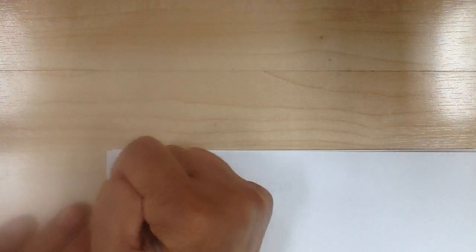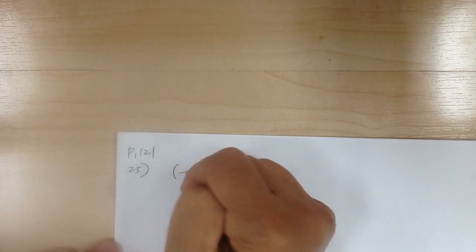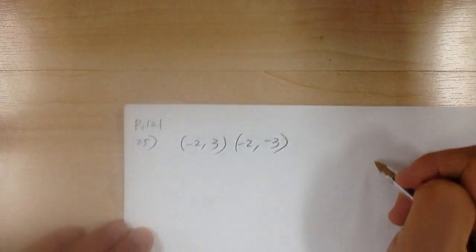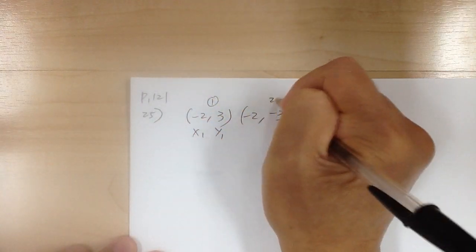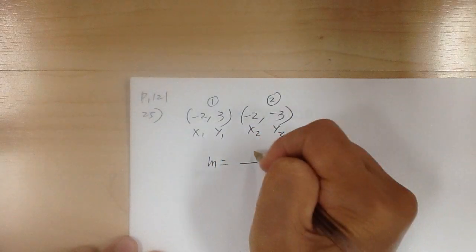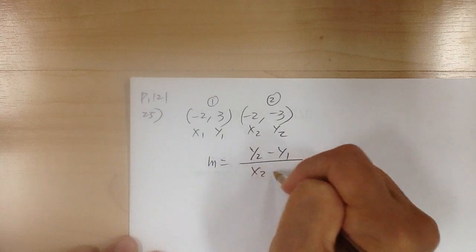Okay, next one. Okay, number 25, you have -2, 3. You got -2, -3. Okay, so again, point 1, so x1, y1, point 2, so it'd be x2, y2. So slope is equal to y2 minus y1 over x2 minus x1.